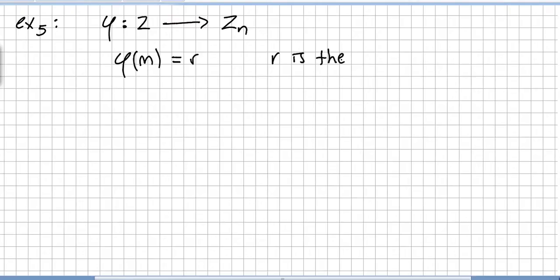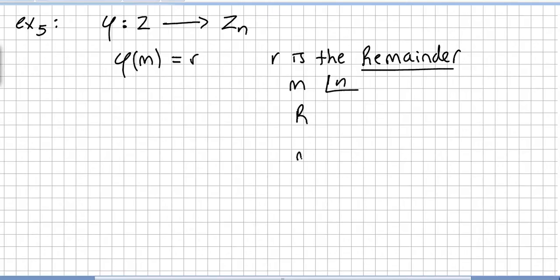Okay, and a last example. The mapping from the integers to integers modulo n, the mapping phi of m equals r, where r is the remainder of m when it is divided by n.